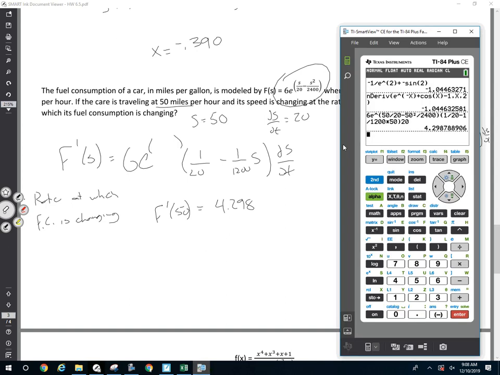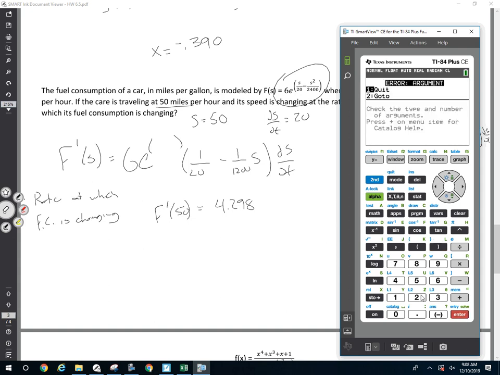Anyways, another way to get this answer is using a derivative. If you take the derivative of 6 e to the s over 20 minus s squared over 2400 with respect to x, at x equals 50, we get this answer. I needed to close these parentheses.